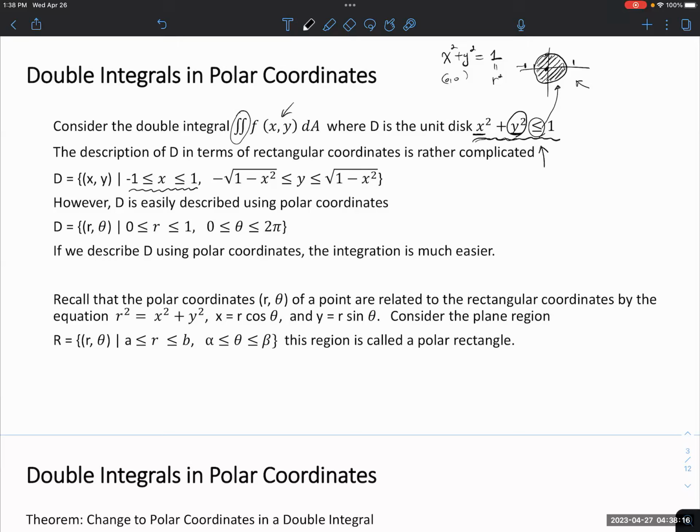I'm going to modify a little bit: y squared is going to be 1 minus x squared. So y is going to be plus or minus the radical of 1 minus x squared. This is going to be your interval for y. One interval is fixed. As you see, if you fix the x interval, the y interval changes depending on the x variable. So everything is written in terms of x to describe the intervals for x and y.